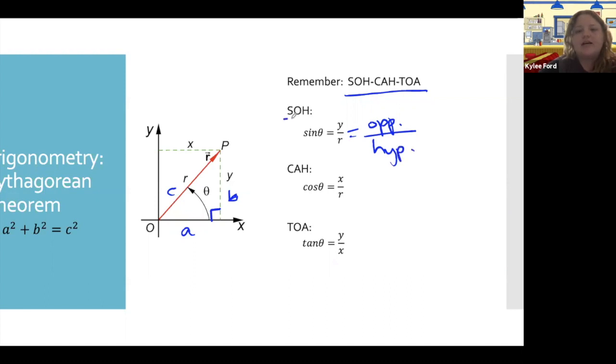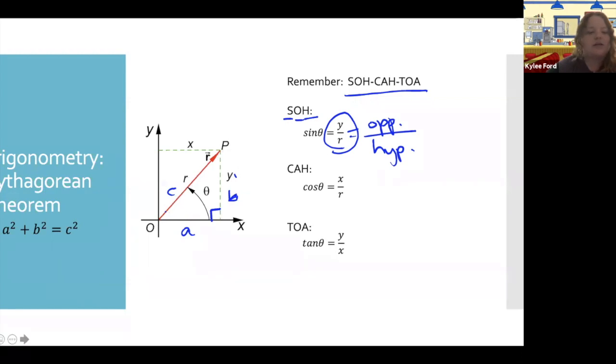So S is for sine, O is for opposite, H is for hypotenuse. Okay, and I have this here for our example. So it's going to be our opposite, which is going to be y, over our hypotenuse, which is r.